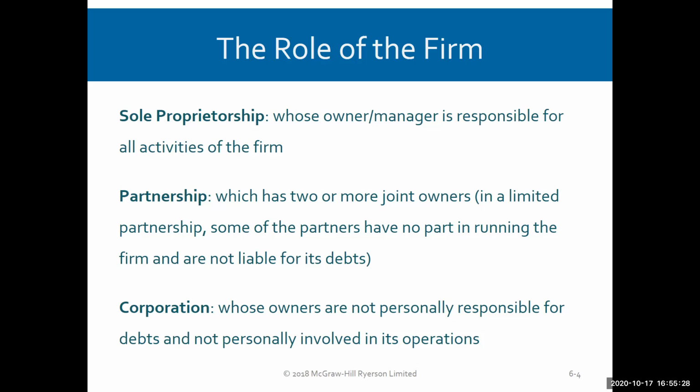So a corporation actually gets around those things. A corporation's owners are usually stockholders. They're not personally responsible for debts, and they're not usually personally involved in the operations. A corporation is actually a separate legal entity.